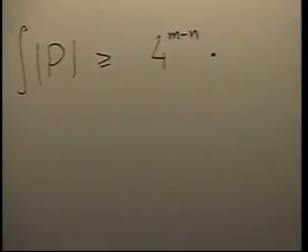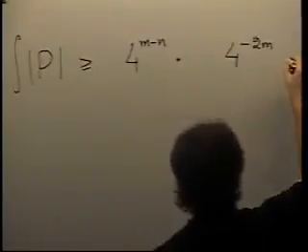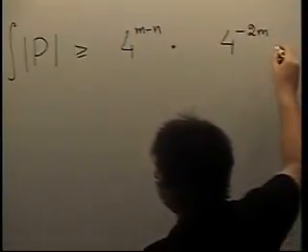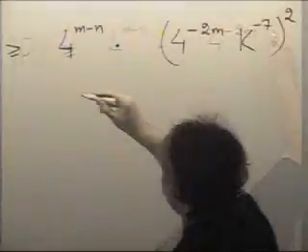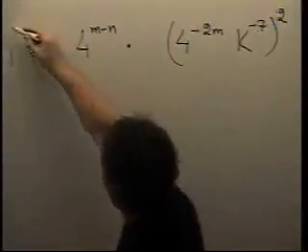times, so how small is P1? 4 to the power minus 2m from that sine thing times that epsilon, and epsilon is k to the power minus 7. And of course I have to square it, because it's squared here.